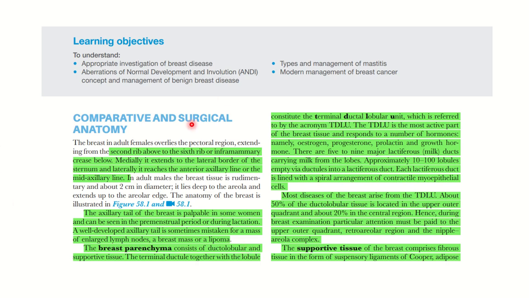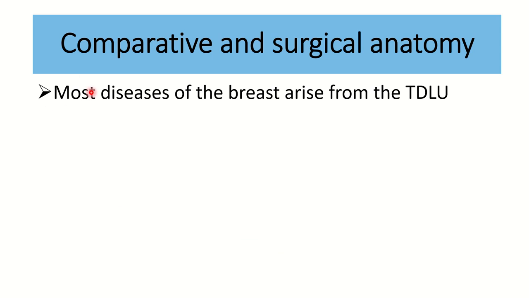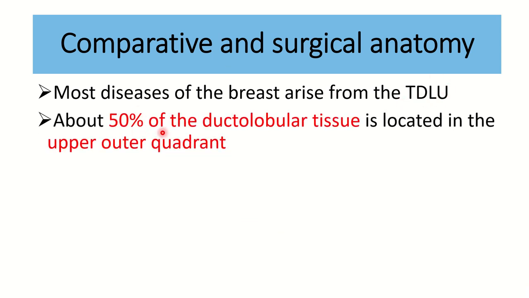So here we can see this is a direct snapshot from Bailey and Love, showing the orientation of the lobules in the different parts. And this point says most diseases of the breast arise from the TDLU, that means the terminal ductolobular unit. About 50% of the ductolobular tissue is located in the upper outer quadrant.